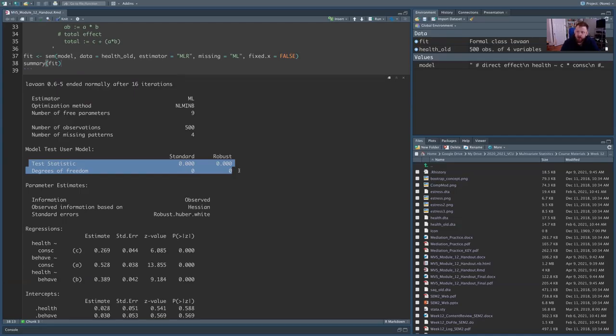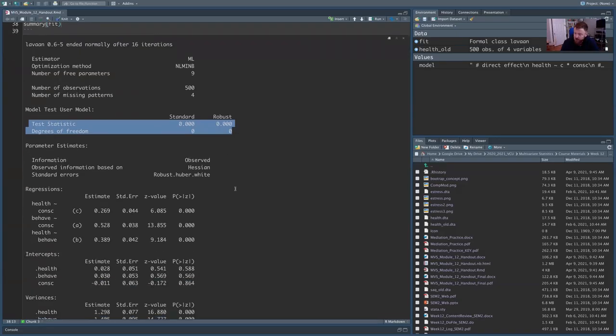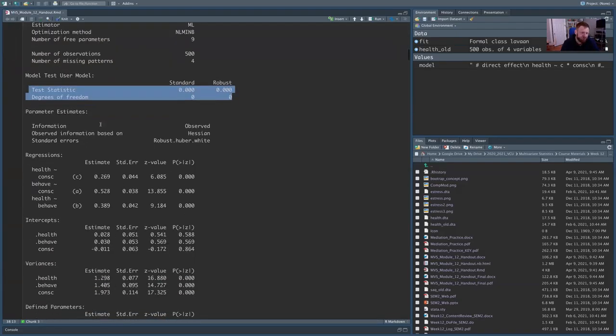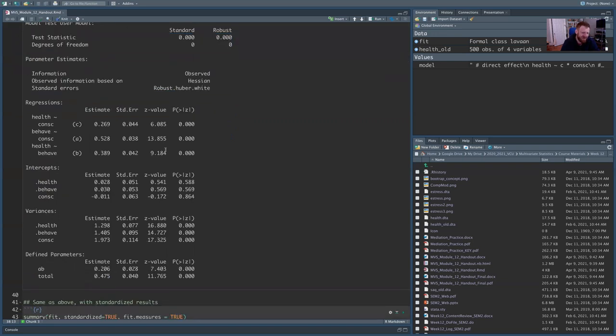They're what we call just identified models. So in order to get fit statistics, you need to have degrees of freedom. And in this case, we don't, because everything is essentially predicting everything else, right? So all the variables are either pointing to or away from each other. And so we don't have any degrees of freedom, and that's perfectly fine. That's what we expect.